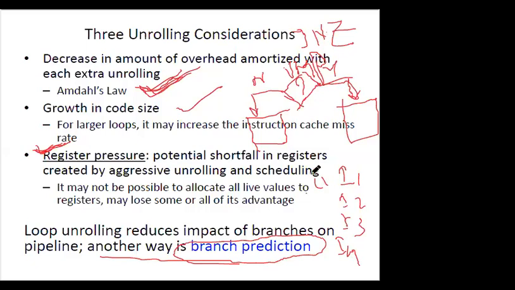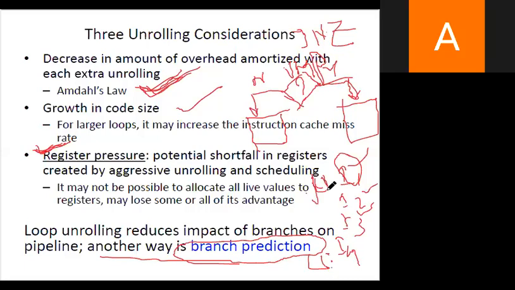So suppose L1 was the jump instruction. We fetch the jump instruction, then we decode it, then we are going to execute it. By the time we execute that instruction, I1, I2, and I3 would already be in the pipeline. At the point of I4, if the condition is true, in this case we have a jump at I1.